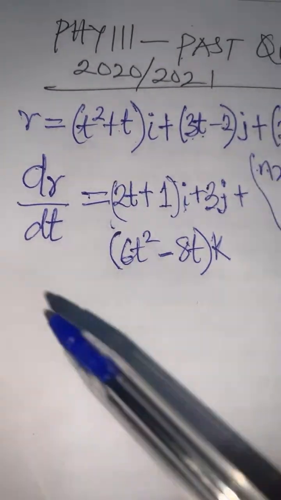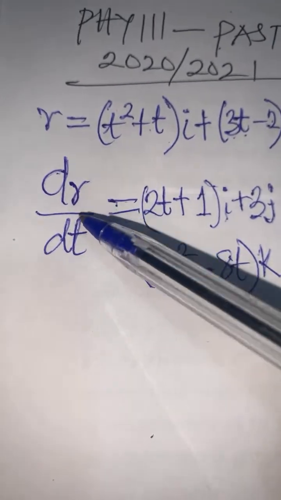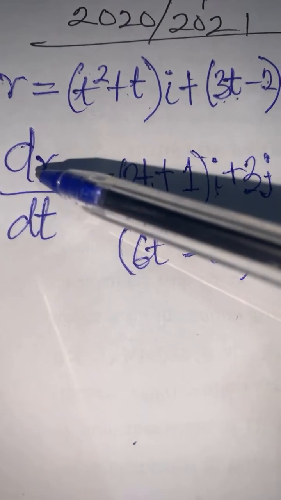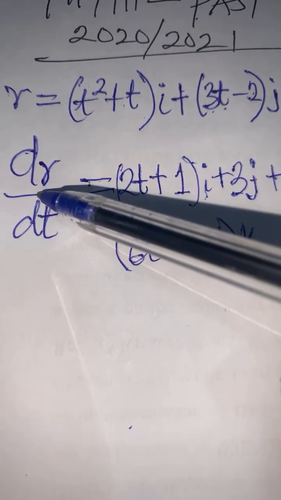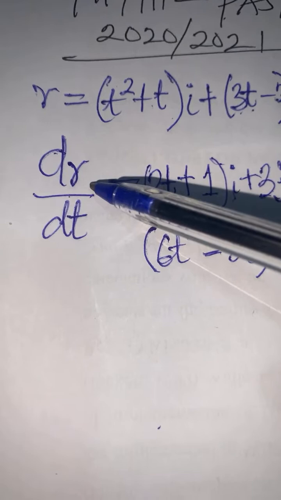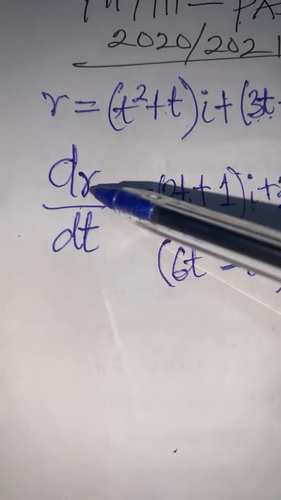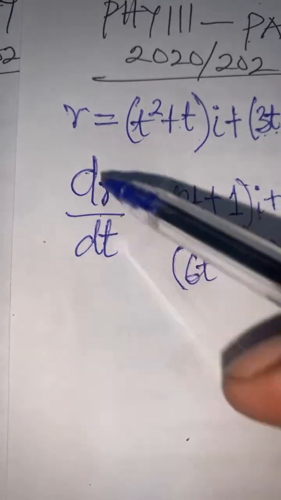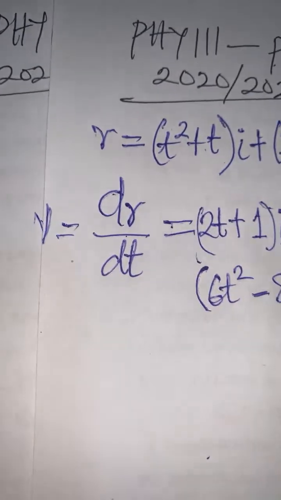And then if you know or remember your definition of velocity, you remember that velocity is a change in displacement with respect to time. Or you say velocity is the rate of change of distance with time. So that means this particular one is literally telling us that this is the same thing as velocity. Is that true?